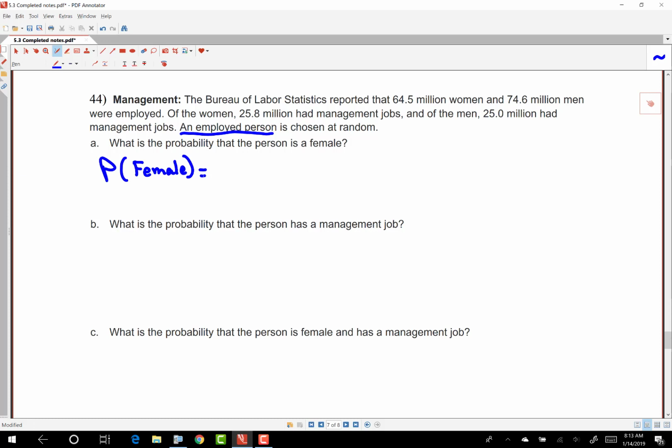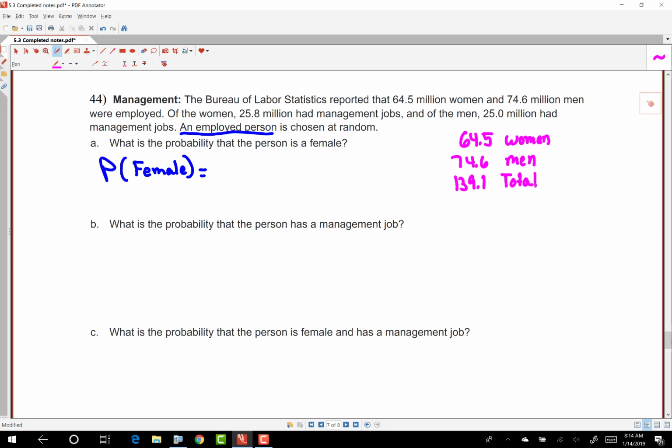Well, we don't have a grand total, so let's summarize what they give us. So we know that 64.5, it's all in millions, so I'm going to leave that off. There are 64.5 women in the workforce and 74.6 men in the workforce. So let's get the total there, 64.5 plus 74.6 gives us 139.1 total.